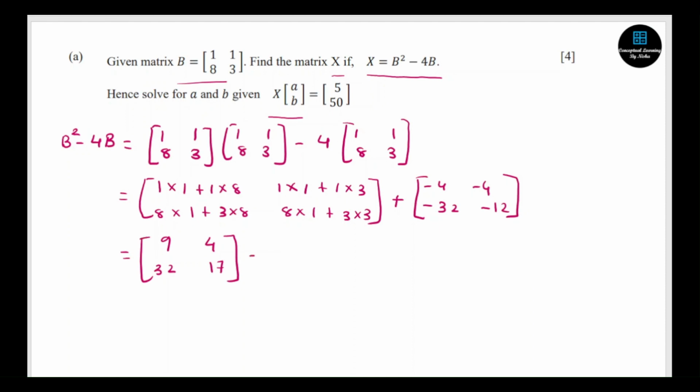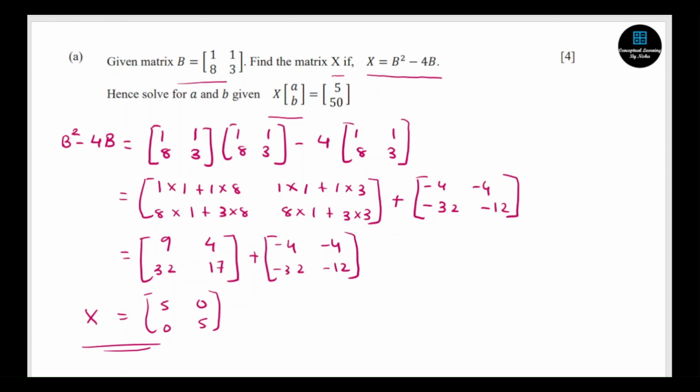And then if I just write this, minus 4, minus 32 and minus 12. So what do I get? 5, this is 0, this is 0, and this is 5, right? So we got the value of X. So this is nothing but the matrix X, as per this given.